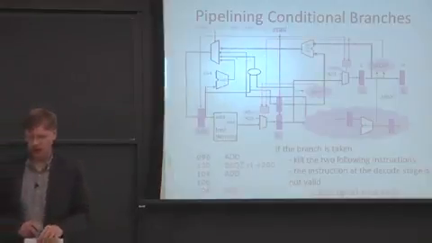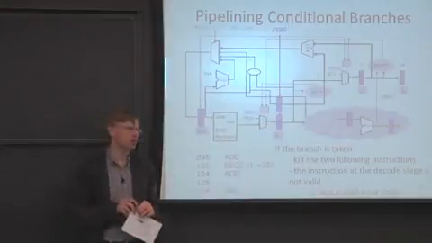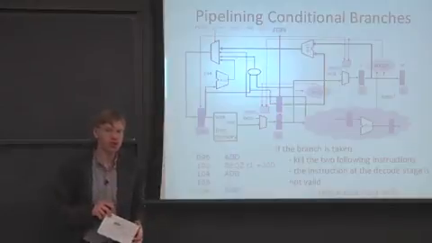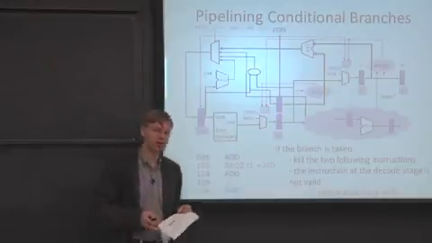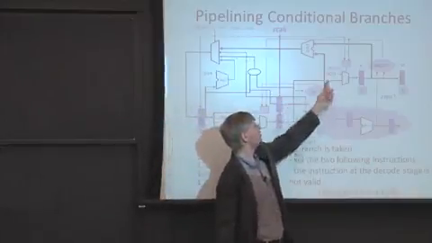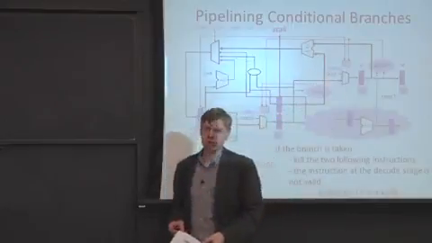The other thing that's important here for branches is we need to figure out the address that we're actually branching to. And we'll talk about this more when we get to branch prediction later in the course. But what you're going to have to do is take the PC+4 and add it to the branch offset.